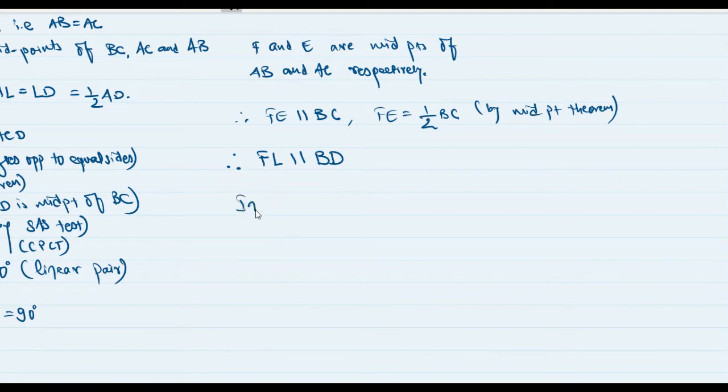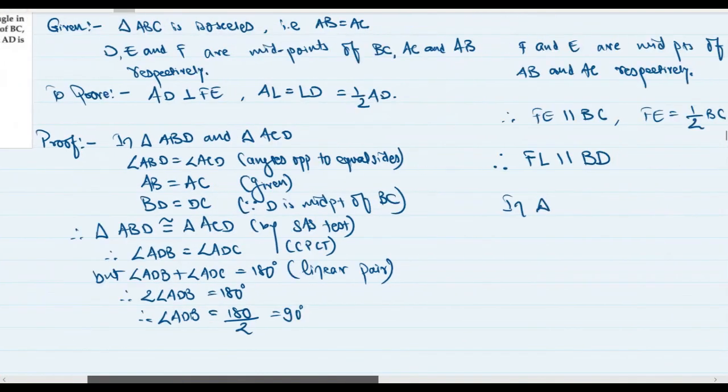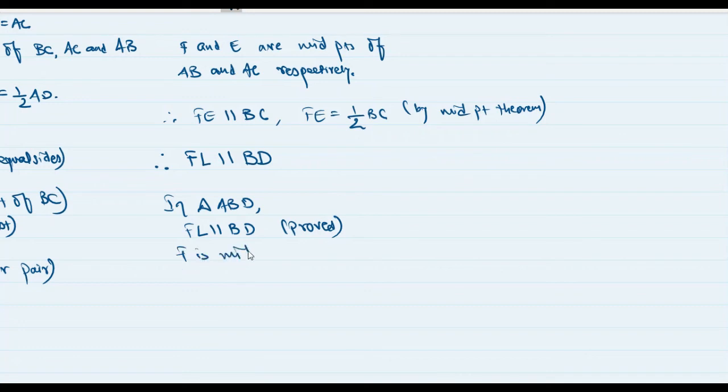Now, in triangle ABD, FL is parallel to BD. We have proved it. And F is the midpoint of AB, which is given.